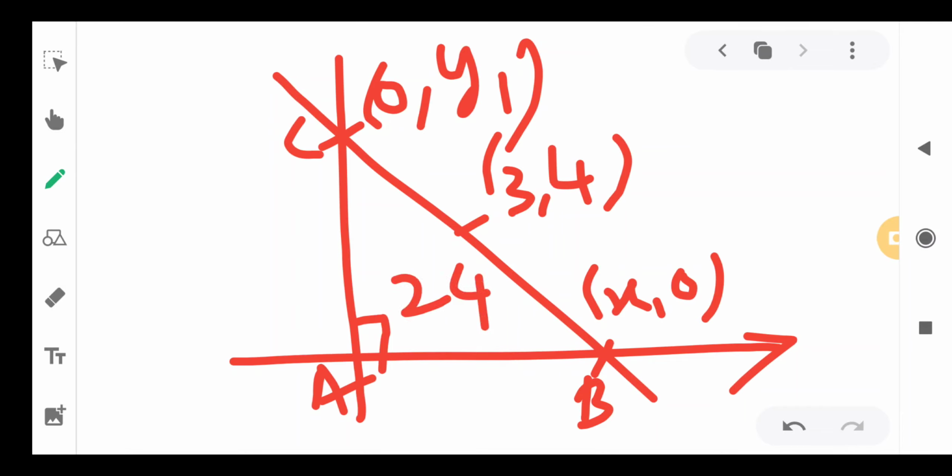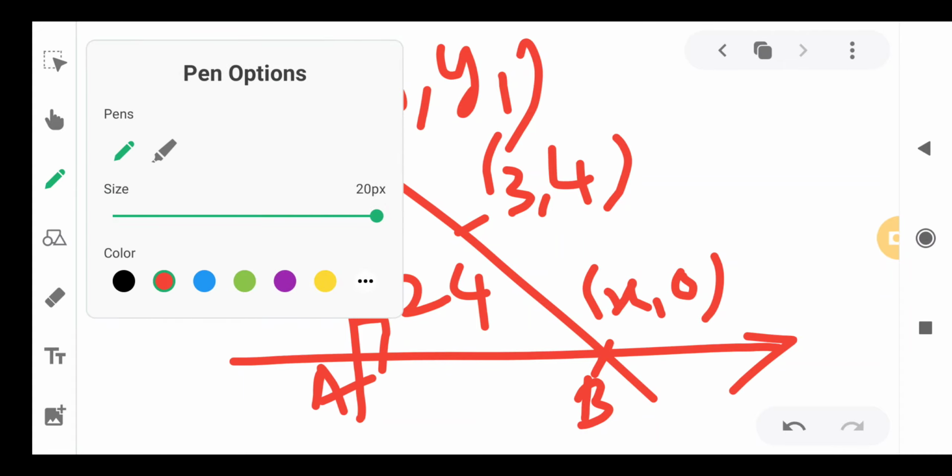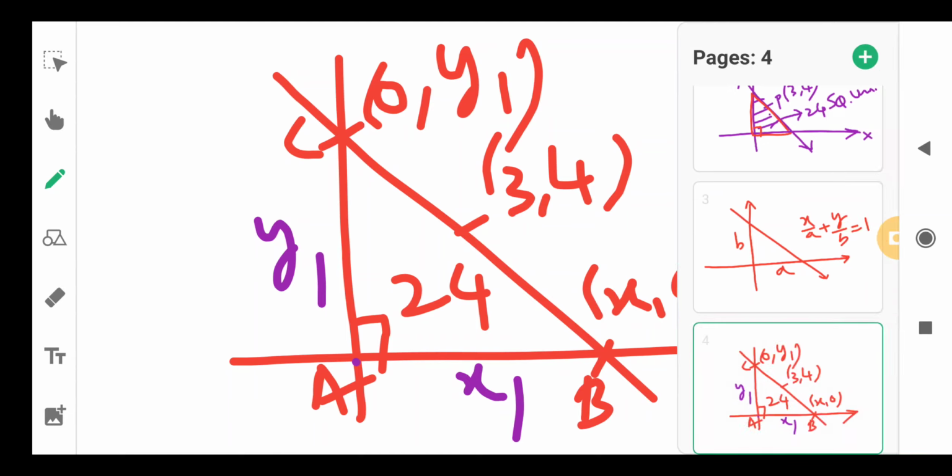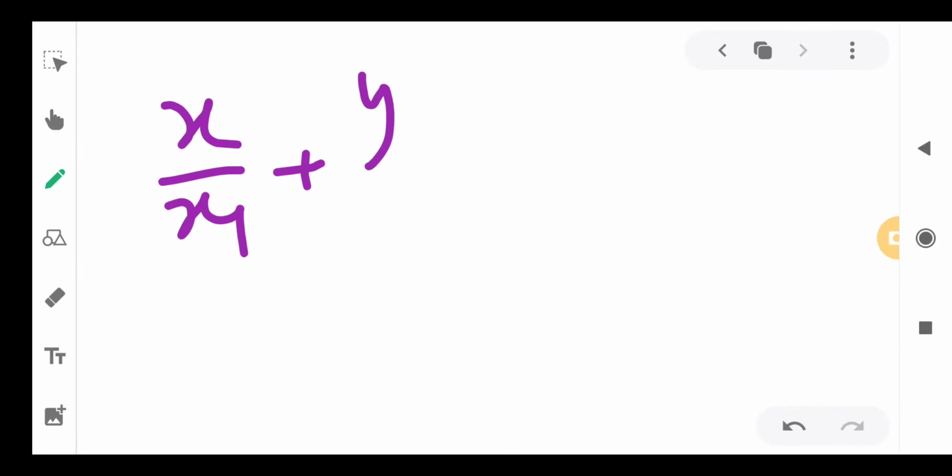Because it cuts the x-axis at (x1, 0) and the y-axis at (0, y1), this intercept AB length will be x1, and here AC length will be y1, right? Now what is the equation of the straight line? The equation will be x by x1 plus y by y1 is equal to 1.